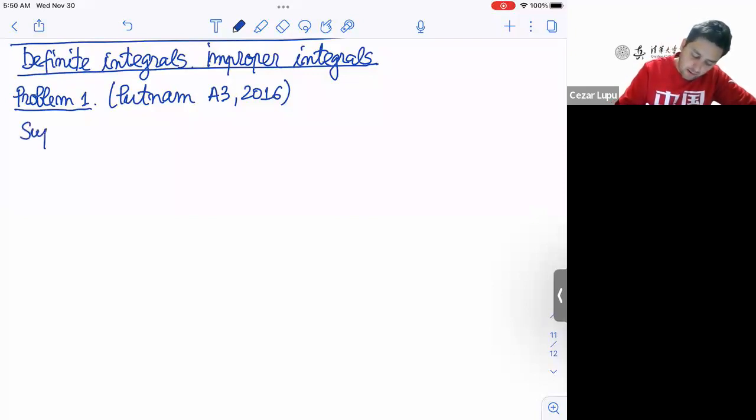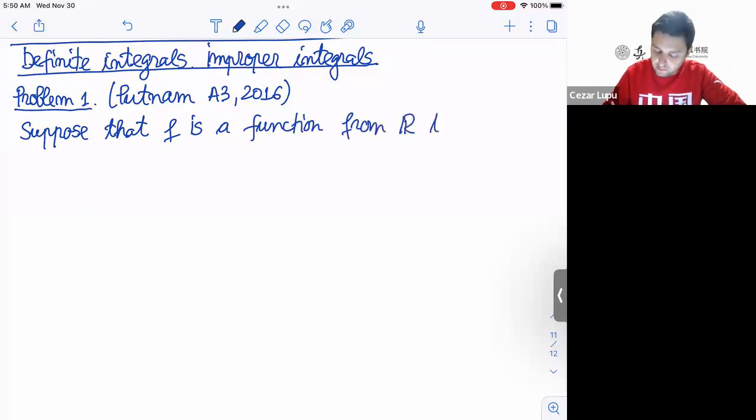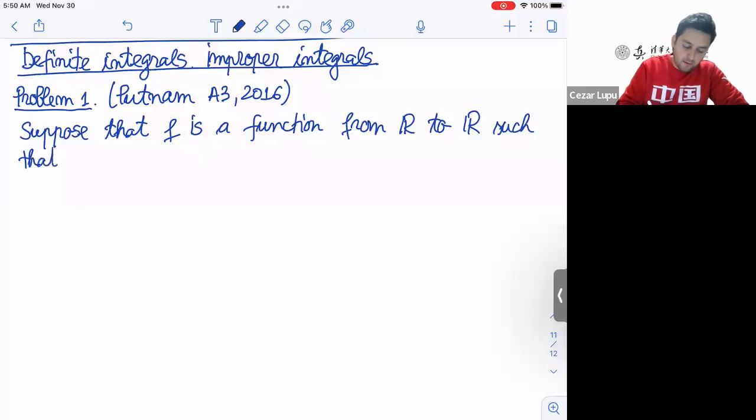So suppose that f is a function from R to R, basically from R to R, such that it satisfies the following functional equation.